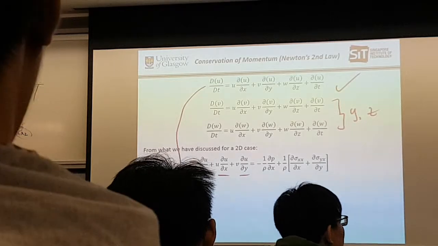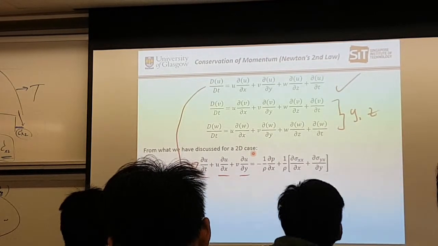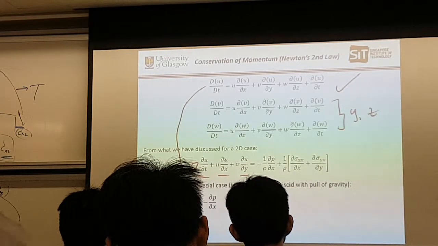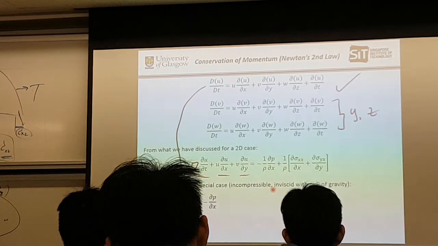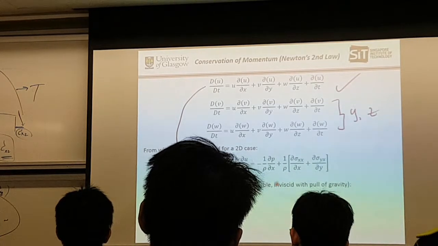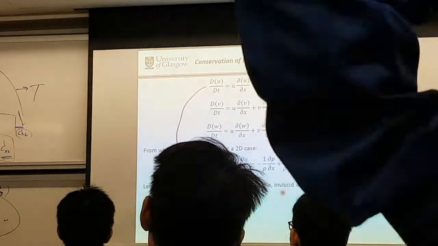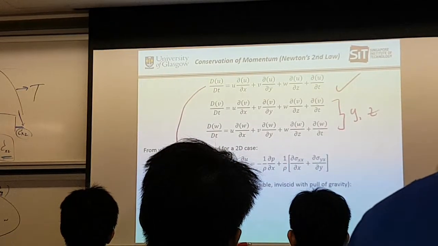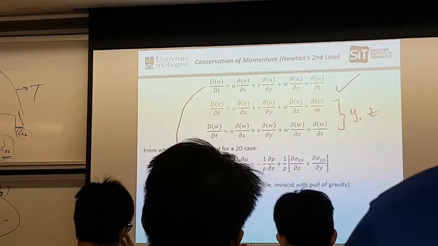To make life easier, I now assume an incompressible and an inviscid case. What does inviscid mean? There's no viscous force. If there's no viscous force, this whole term will be equal to 0. That's why my equation becomes very simple here.